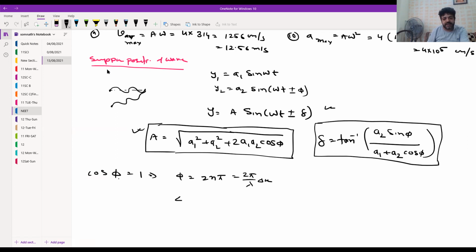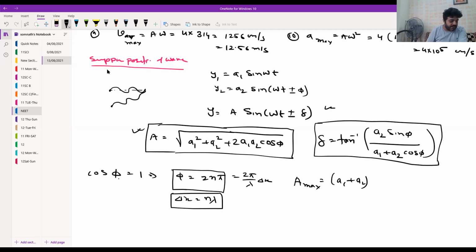I hope you all remember this one. Delta x is n lambda. This is the path difference, this is the phase difference for constructive interference, and in that case the maximum amplitude is A1 plus A2. And if you remember, the intensity is directly proportional to amplitude square. I think all of you remember, so we can use this also. Yes or no?